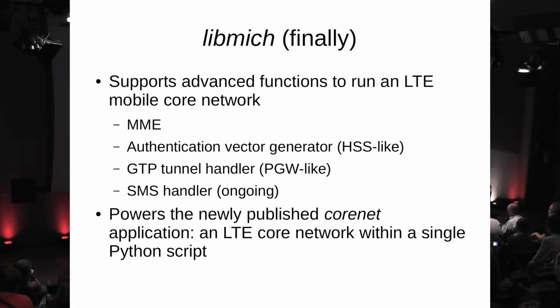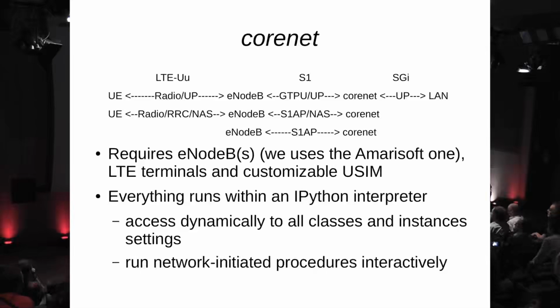There is also an SMS handler, which is maybe not committed yet, but will be committed soon. And everything together powers a newly released, and this time not a library but a complete application, which is an LTE core network in a single Python script. It's called Corenet.